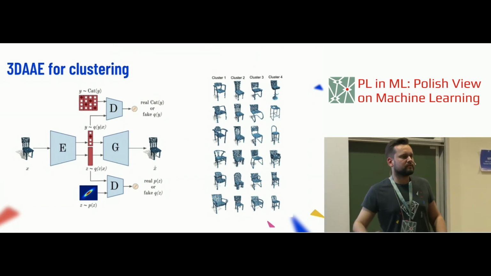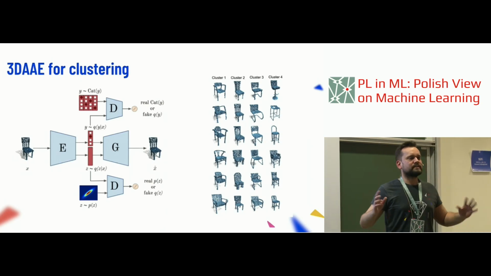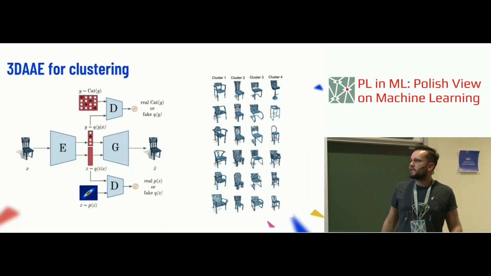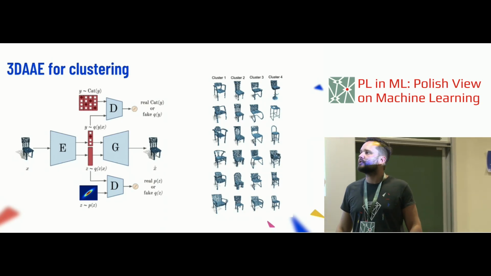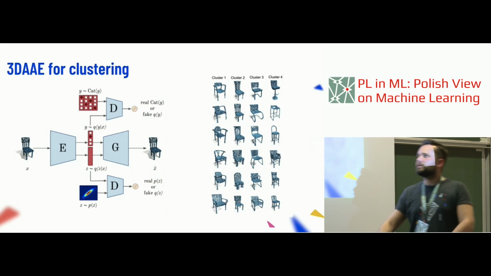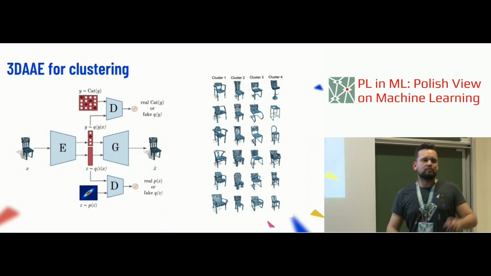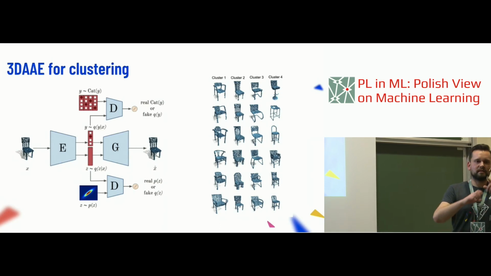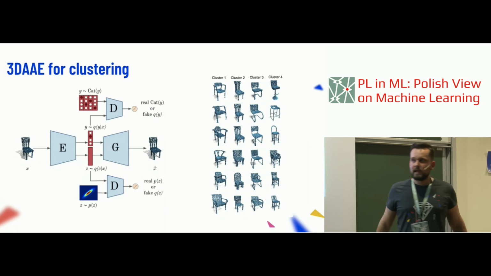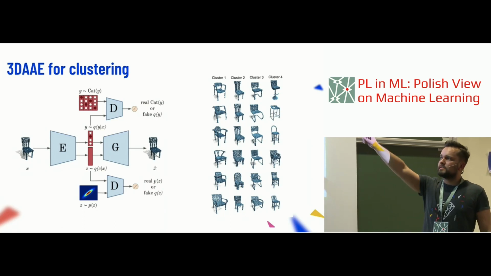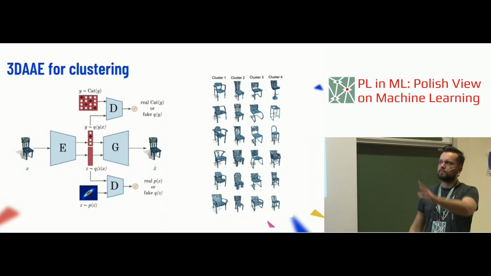So this structure of adversarial autoencoder can also be applied to a task like clustering, for instance. So we extend our model with an additional discriminator and add an additional coding unit to the latent space. This coding unit is one-hot coding, and the role of the additional discriminator is to train some hidden classes of the chairs.